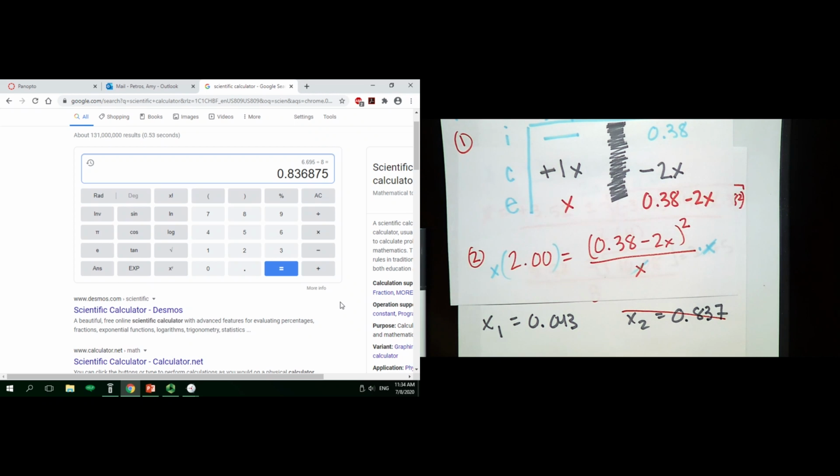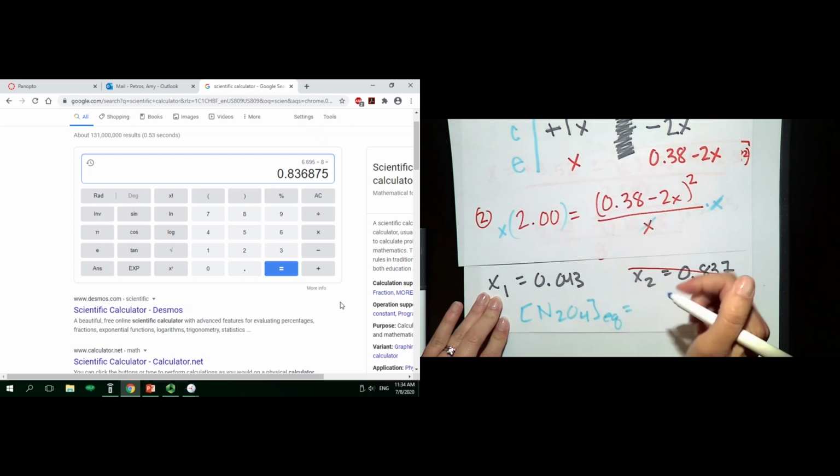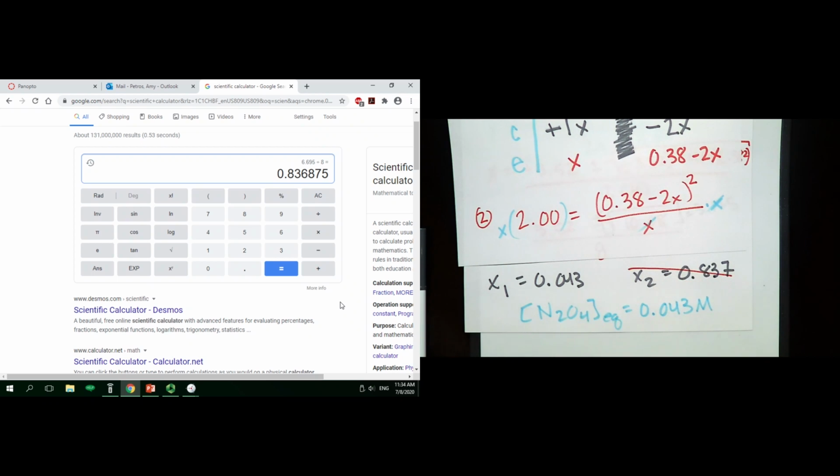If you plug your value for x back into your equilibrium line values and you get a negative number, dead giveaway, that is not okay. All right, so that means our equilibrium concentration of N2O4 is just X, so it's just equal to 0.043 molar.